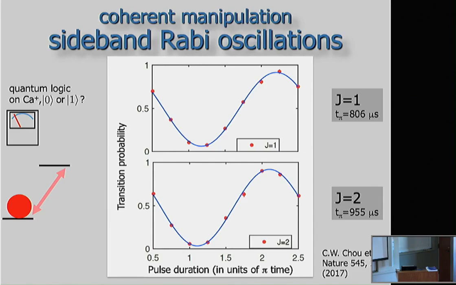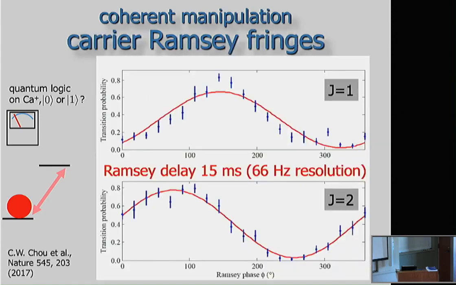But we can see pretty good Rabi flops in j equals 1 and also in j equals 2. The times are different, and they correspond to the dipole matrix elements, or not really dipole, it's Raman transitions, the Raman Rabi frequencies that you can calculate.